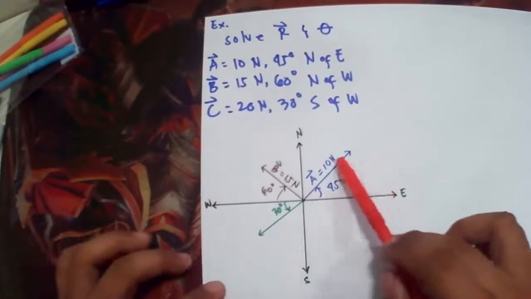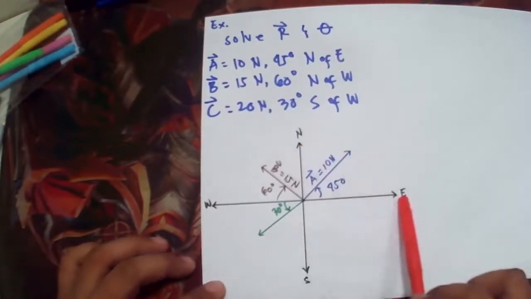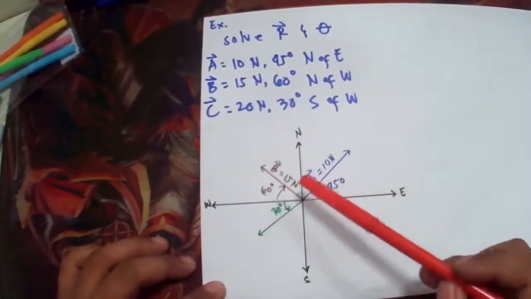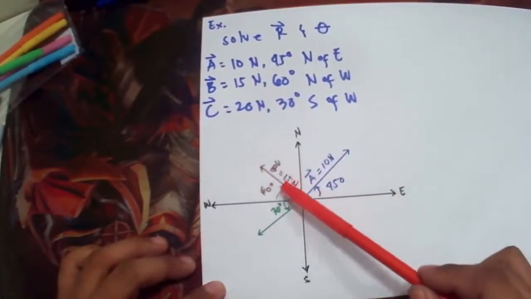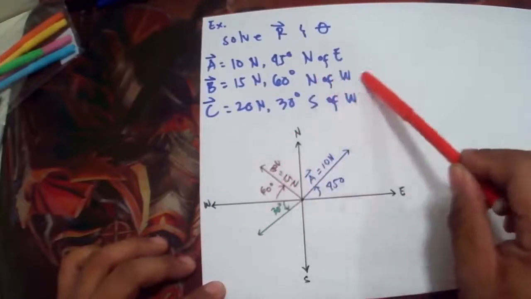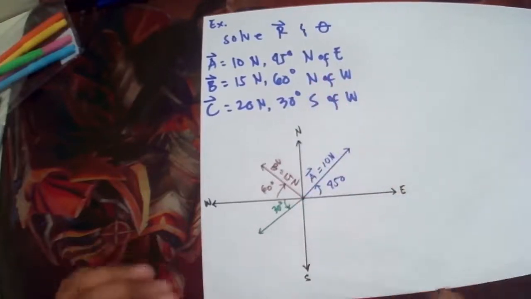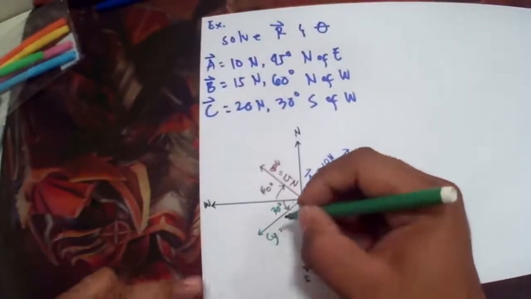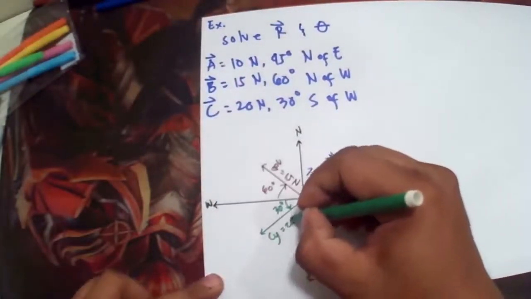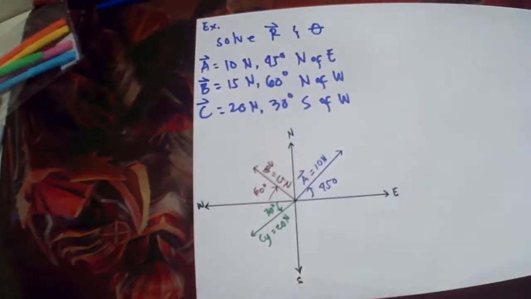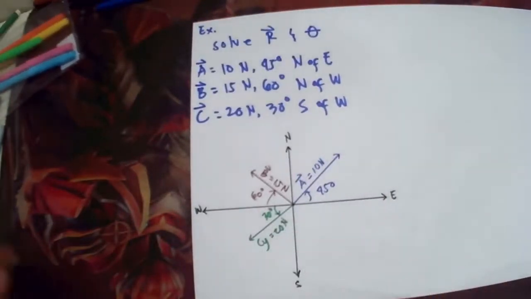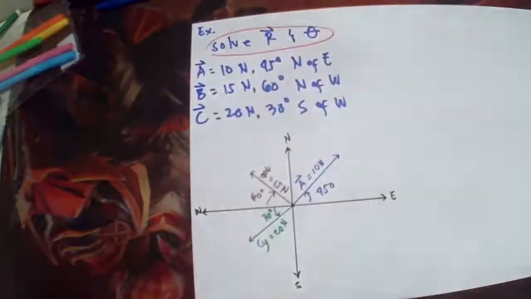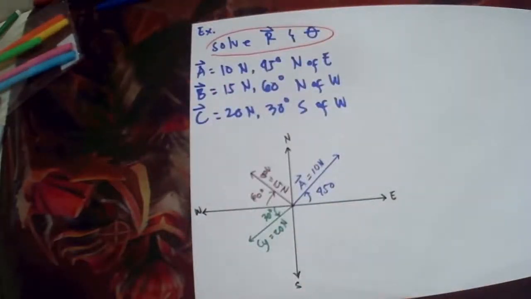So for vector A, this is 10 newtons, 45 degrees north of east. So this is the line here. Now for vector B, 15 newtons, 60 degrees north of west. And for vector C, this is 20 newtons, 30 degrees south of west. And we're going to find now the resultant vector and direction of this one.